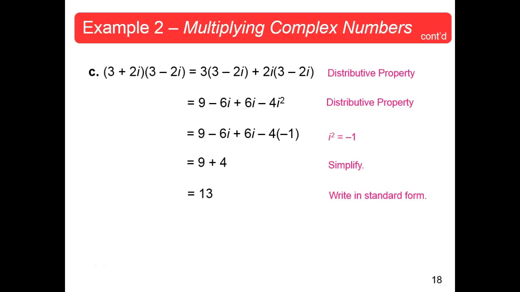Now, was there anything special about these two numbers? Okay. You're right. If these were regular binomials, that would produce the difference of two perfect squares. What it produces now is the sum of two perfect squares, because this I squared is -1.